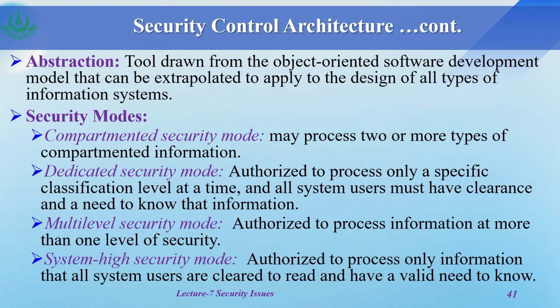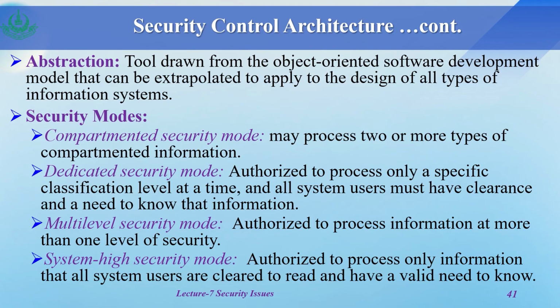Security modes. Compartmented security mode may process two or more types of compartmented information. Dedicated security mode is authorized to process only a specific classification level at a time, and all system users must have clearance and need to know that information.